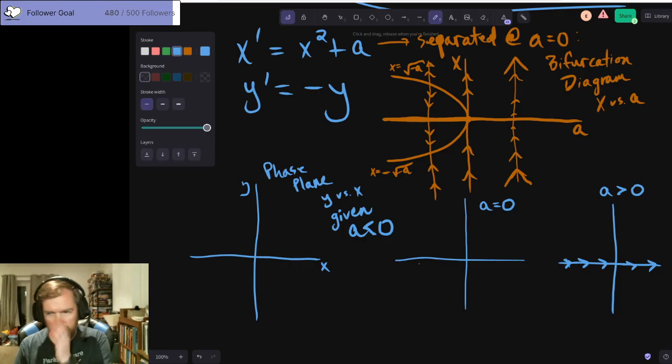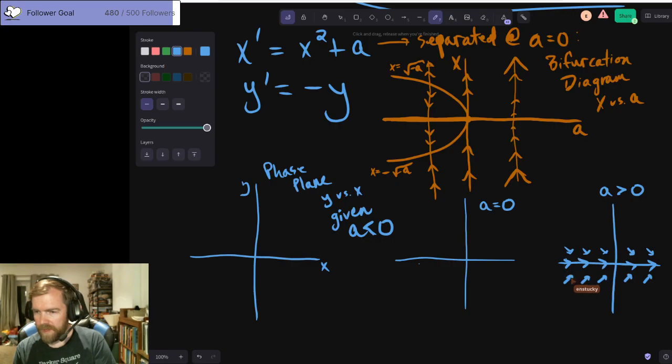And then as you go up, it starts to point a little down. As you go down, it starts to point a little up. So over here we get some mild, downward pointing stuff. And then up here we're going to get much more downward pointing stuff. So essentially we're going to end up with stuff that looks like this.